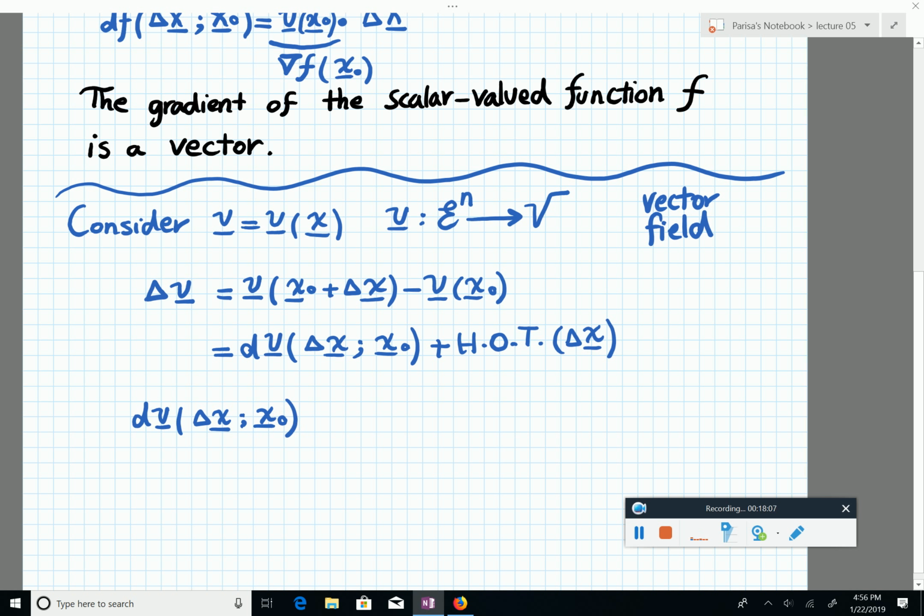You all agree it's a function, right? Differential itself is a function. And delta x. Here you have a vector, and on the other side you have a vector. What comes in between is the gradient.